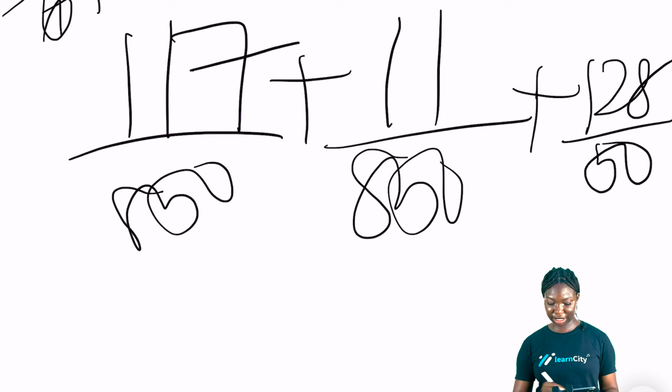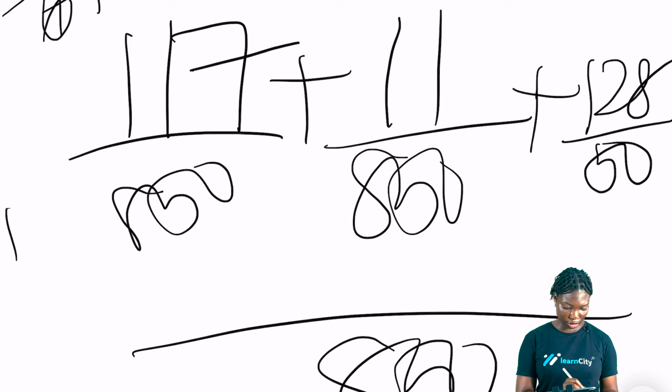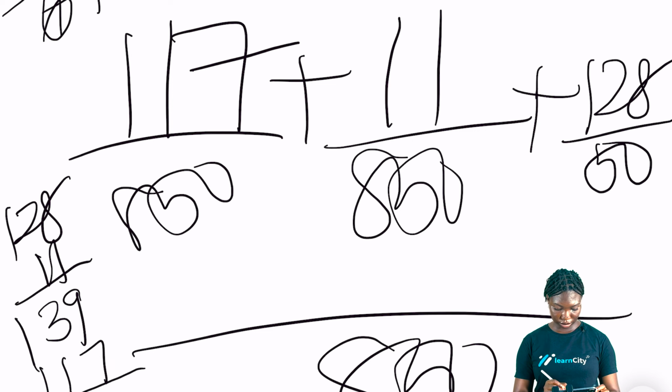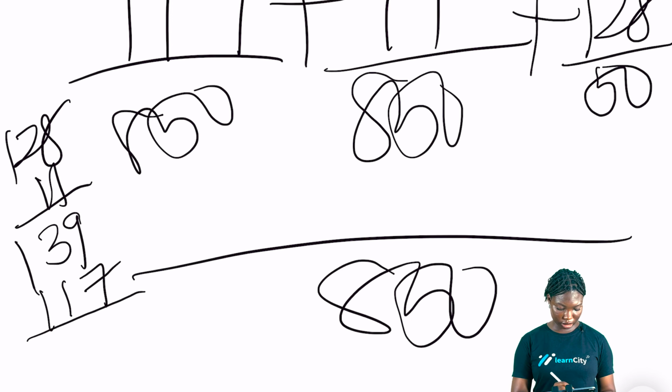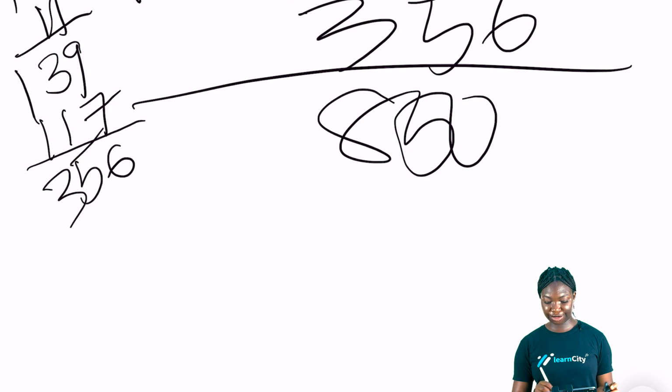So adding everything together, we have 850. So 128 plus 11 is 16, 5. So we have 356 over 850.